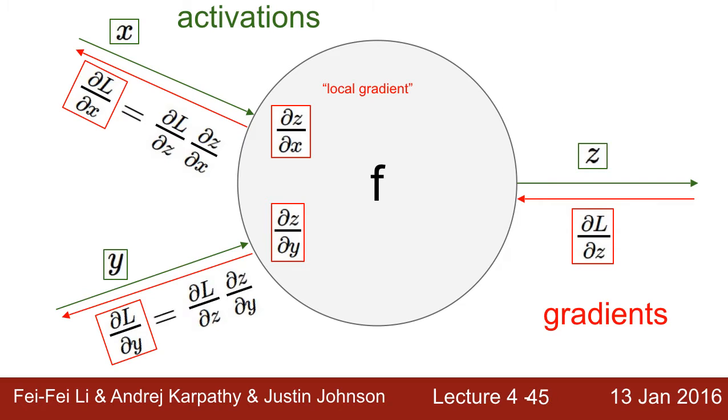And so if we want to do this for the whole graph, we can just keep repeating this operation all the way back. We've gone through this really fast. I would encourage you to go back and review this again in the notes because it's hard to see the first time. But the key thing to notice is that we can do all of this computation in two passes through the graph.